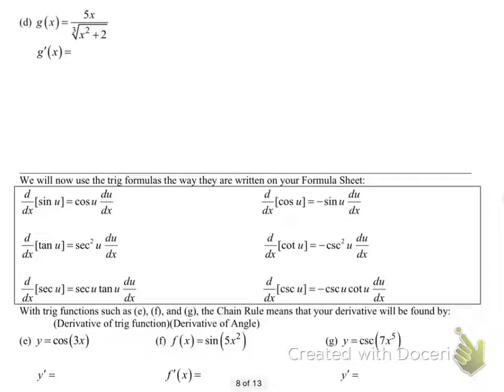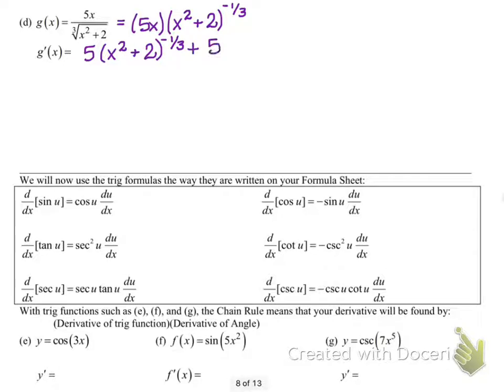Okay, sorry. So we're going to change this into a product rule and then take the derivative. So I change it into the product, and once I've done that, I see not only do we have a product rule, but we also have a chain rule. So the derivative of the first would be 5, and for the derivative of the second, we would have to use chain rule.